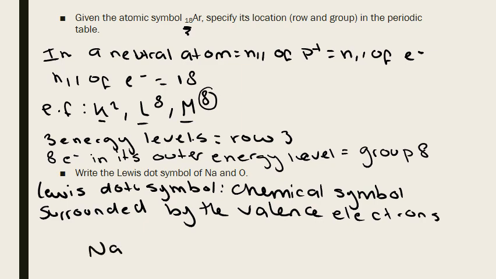So Na looks like this because it's in group 1, and O looks like this because it's in group 6.